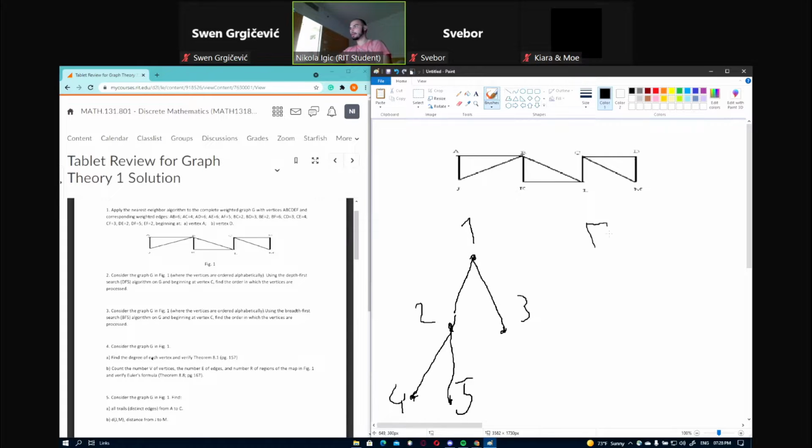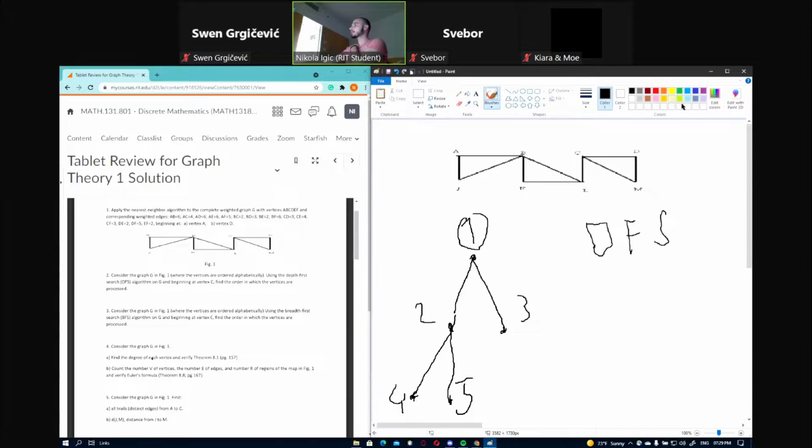Let's start with DFS. D stands for depth. What does that mean? You're going from the first dot, or the dot that it said. Here the start is vertex C, but in this example let's start from dot 1.